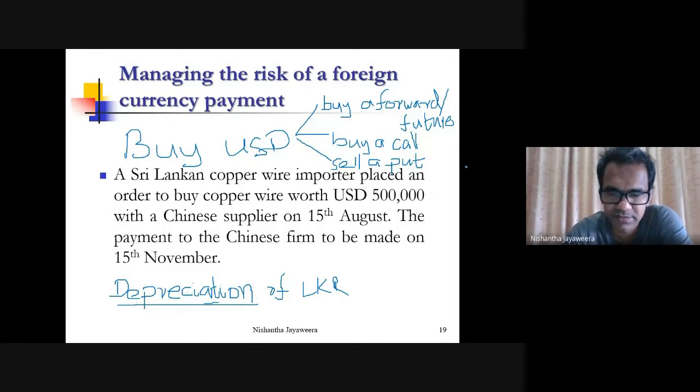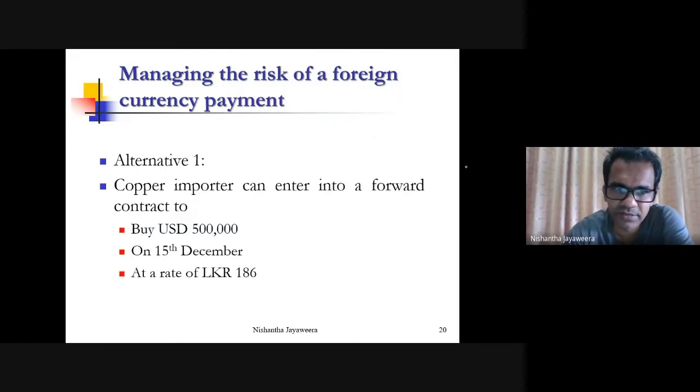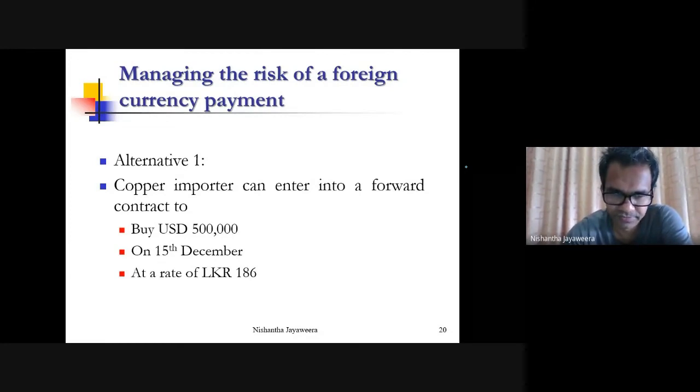These are the basic things that you can do. We'll go one by one. As we discussed, the first alternative, the importer would enter into a forward contract to buy $500,000 because that's the contracted amount.